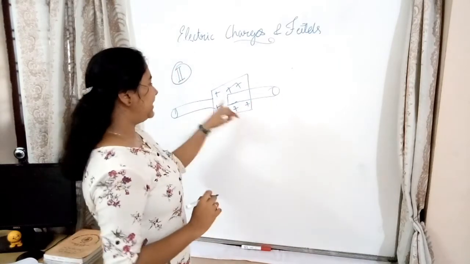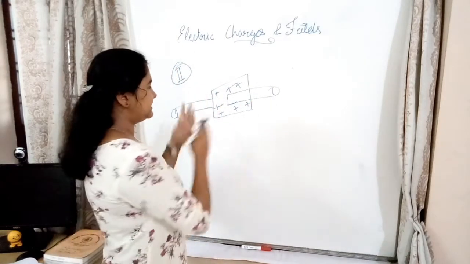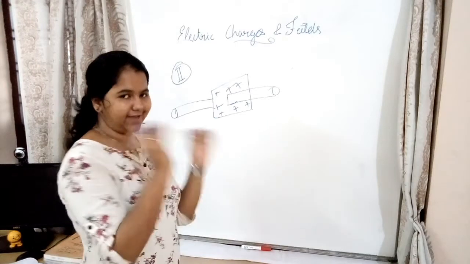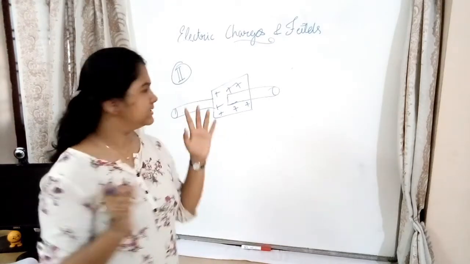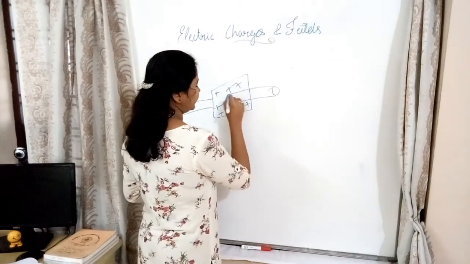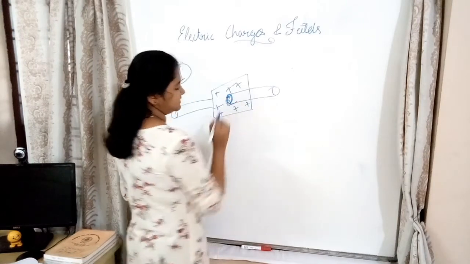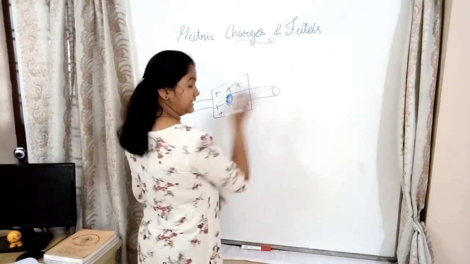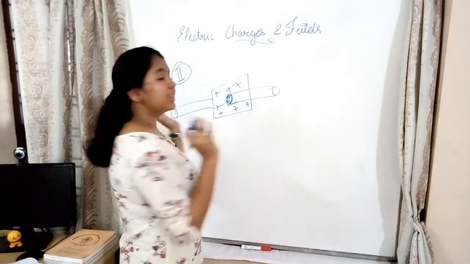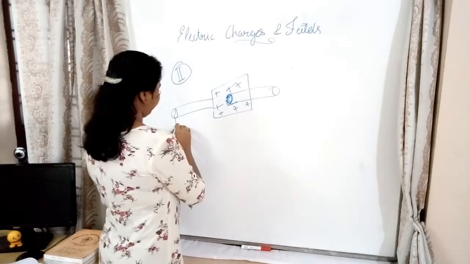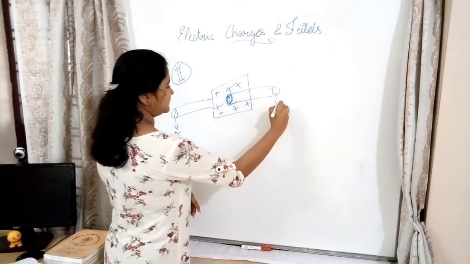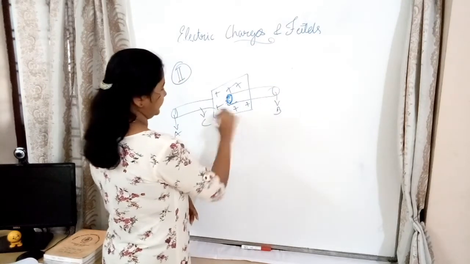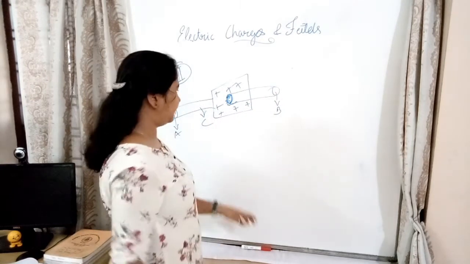There is a distance between it. Over here we've taken this area to find the electric flux, the number of field lines passing through it. This also is a cylinder, so it has 3 faces. This is face A, this is face B, this is face C.